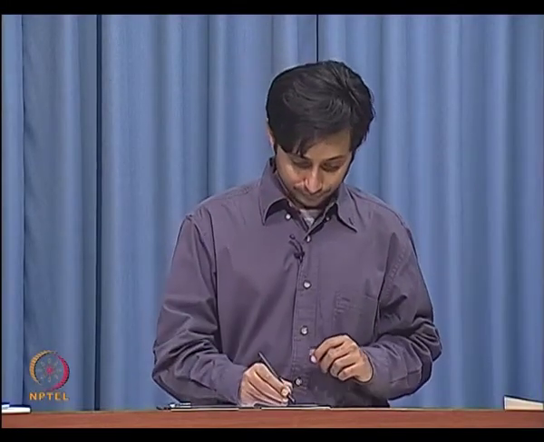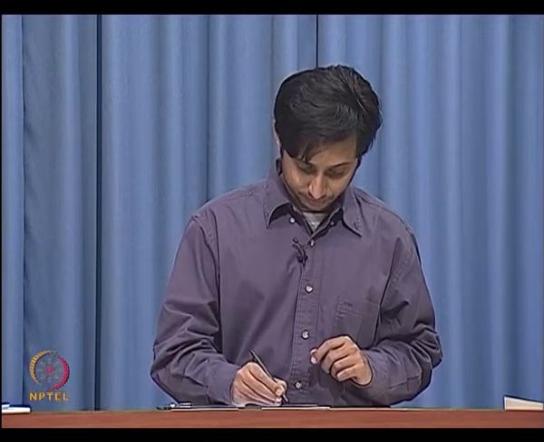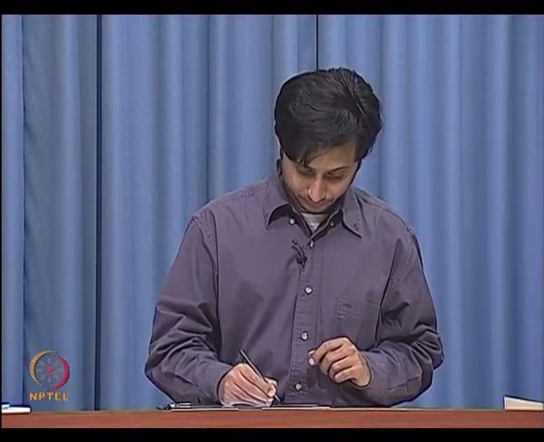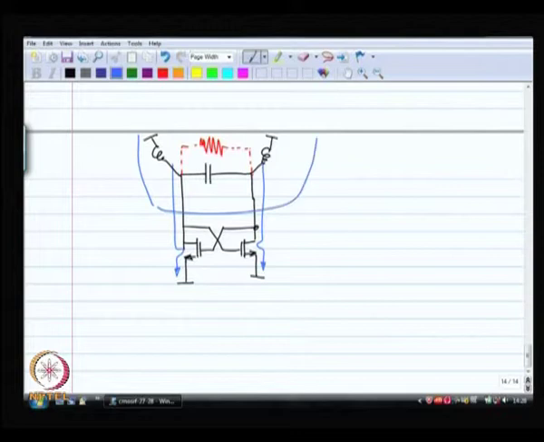So, as far as the differential mode picture of this entire inductor capacitor resistor combination goes, this is what you have.